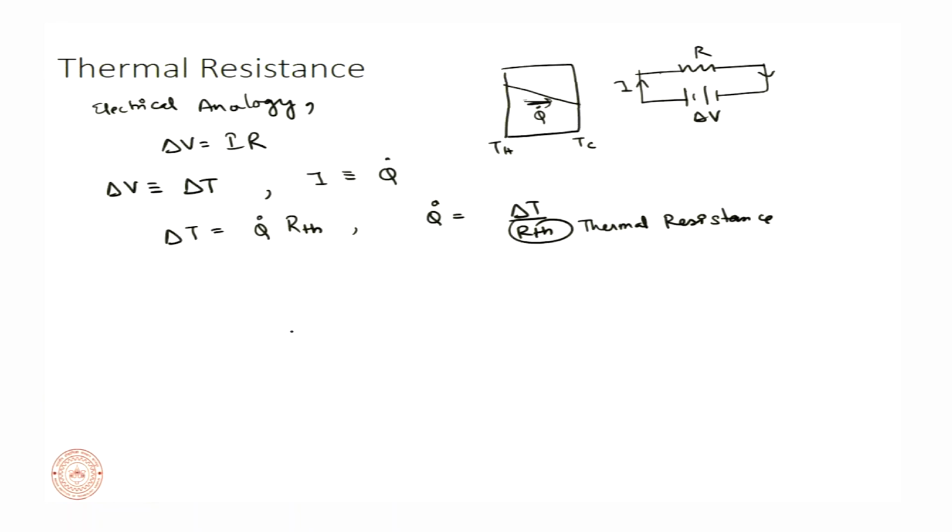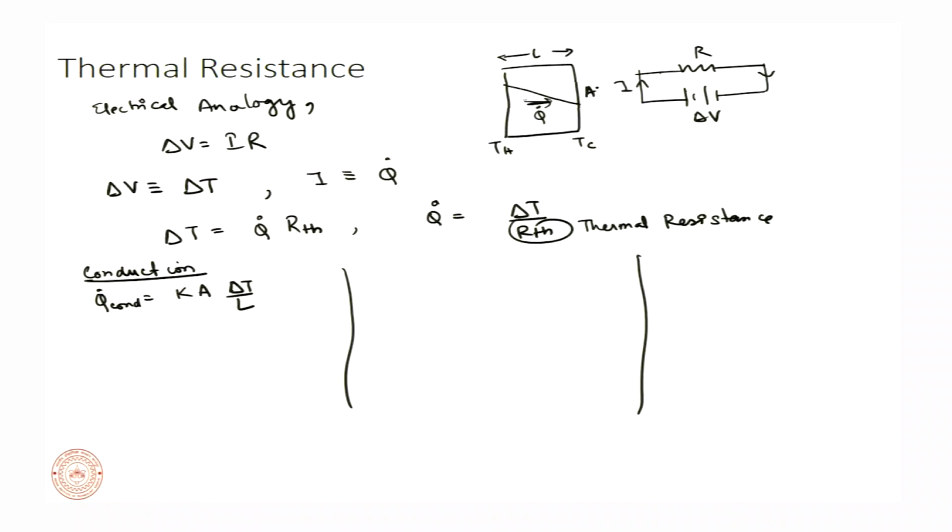By different modes, we can define the thermal resistance. So for conduction, Q dot conduction equals K A delta T over L for an L thickness body, and the cross section area is A. So if you rewrite it in terms of this, Q dot conduction equals delta T over L over K A. So our R thermal therefore is L over K A due to conduction.